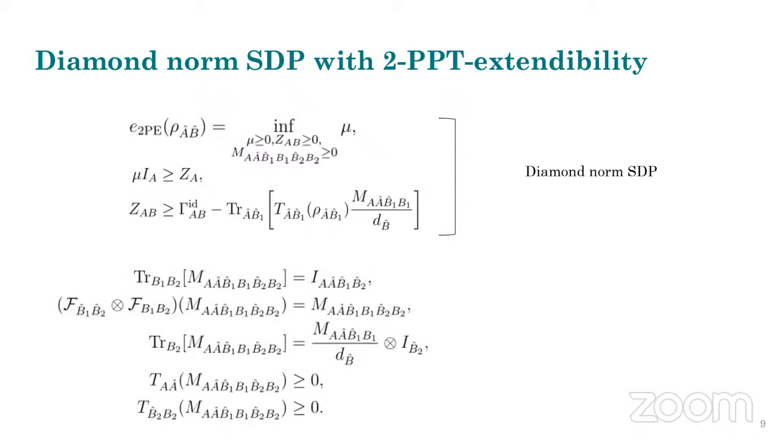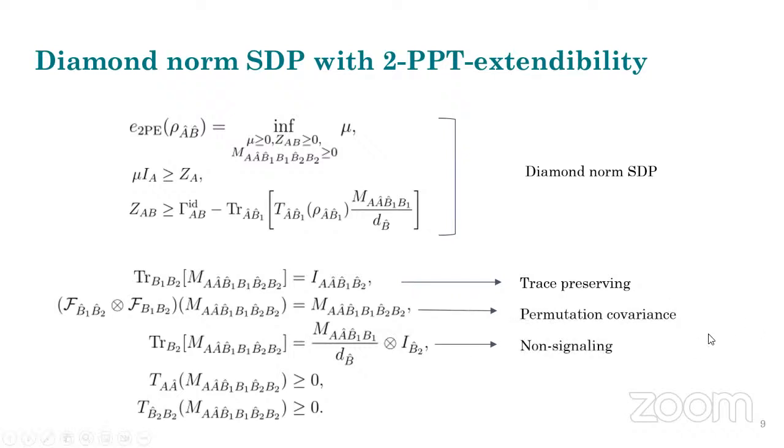And these are the additional constraints. This one is the trace preserving condition, which is required for M to be a channel. This is the permutation covariance condition. This is the non-signaling condition, and these are the PPT preserving conditions.